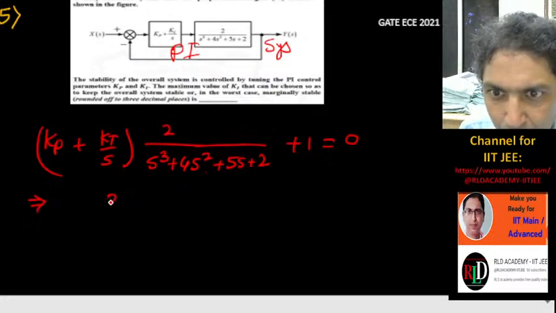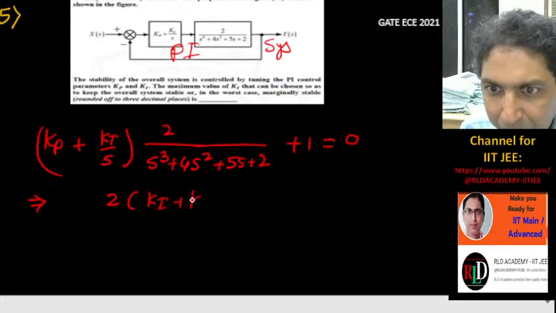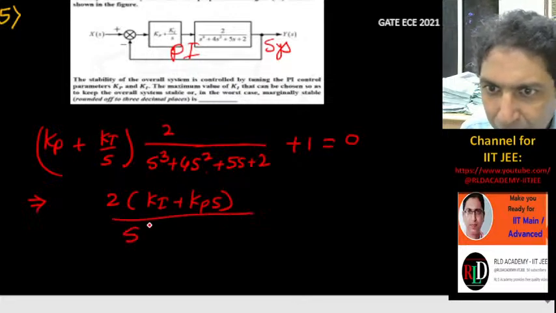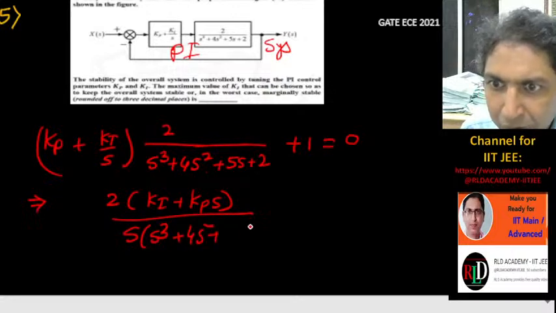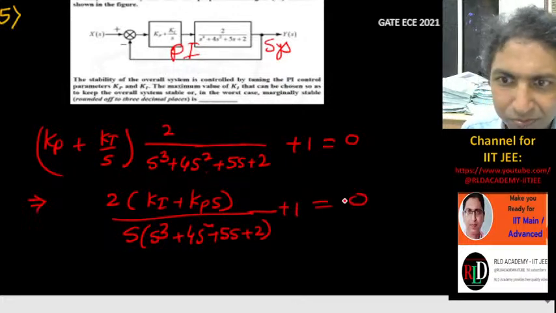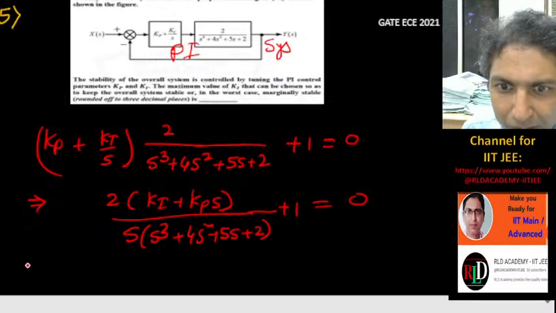So this is your 2 times (Ki plus Kp times s), and this one becomes s into this factor, s cube plus 4s square plus 5s plus 2, plus 1 equals to 0. So what is your characteristic equation?